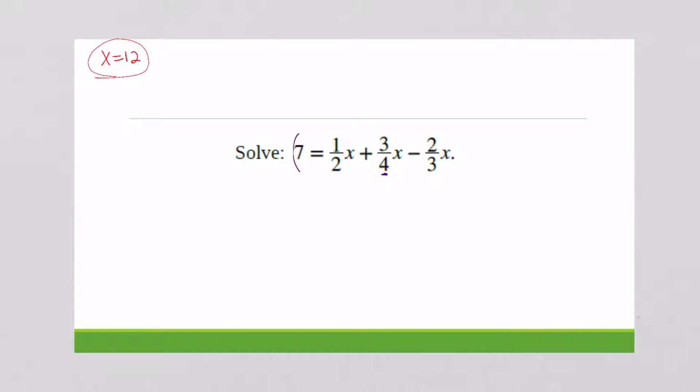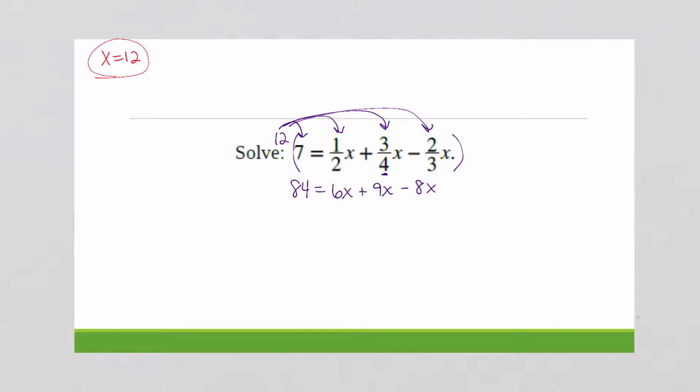So watch this. I'm going to multiply each and every term by 12. 12 times 7 is, hang on. And then 12 times 1/2 x is 6x. 12 times 3/4 is 9x. 12 times negative 2/3 is negative 8x.